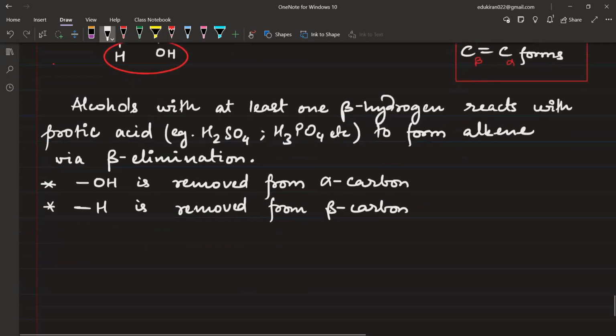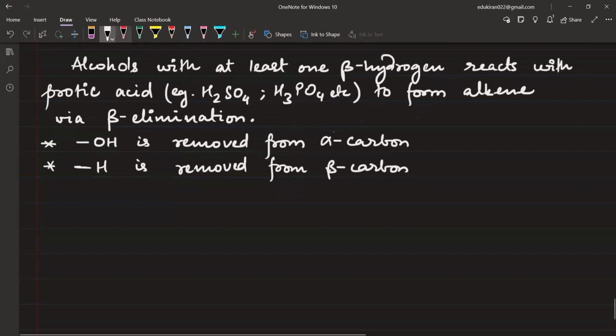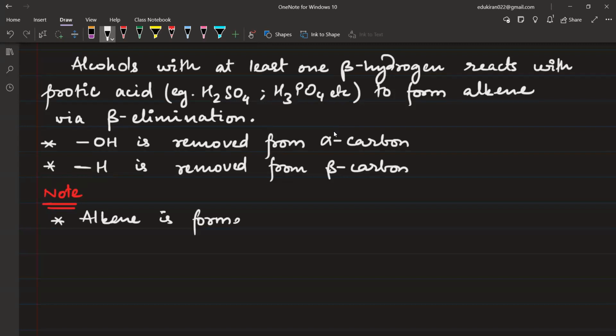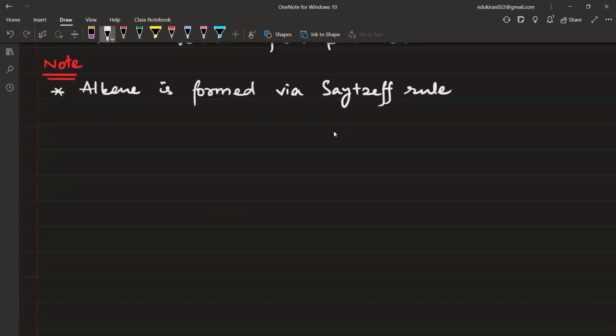So, write a note. Please write. Alkene is formed via Saytzeff rule. What is the Saytzeff rule?